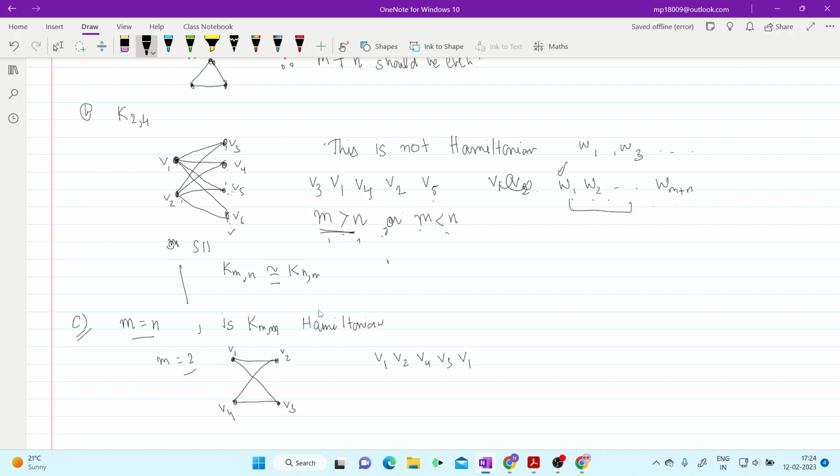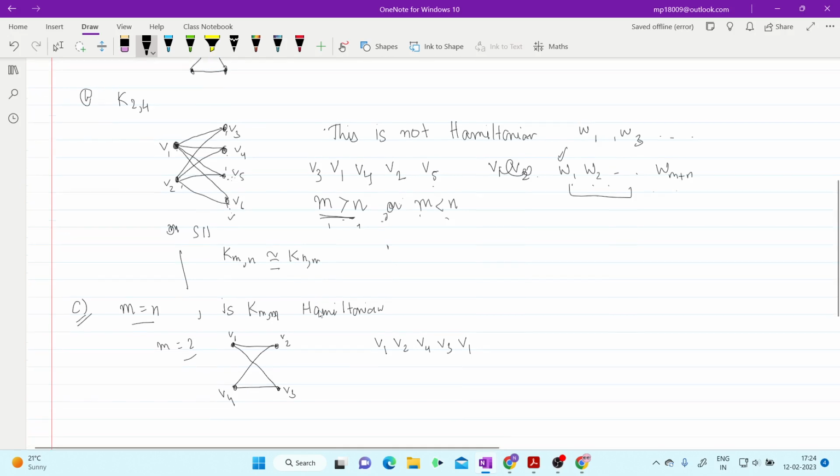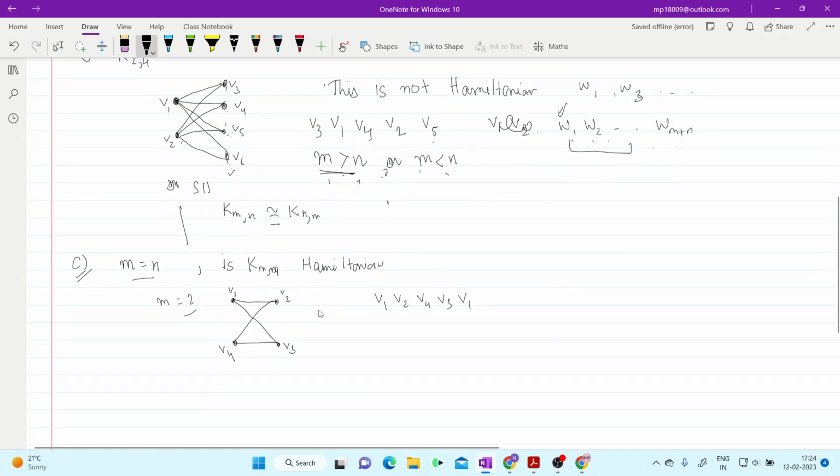So this is coming out to be Hamiltonian. Can we generalize this? Can we say that Kmn will be Hamiltonian if m is equal to n, and not Hamiltonian if m is not equal to n? Yes, very good.